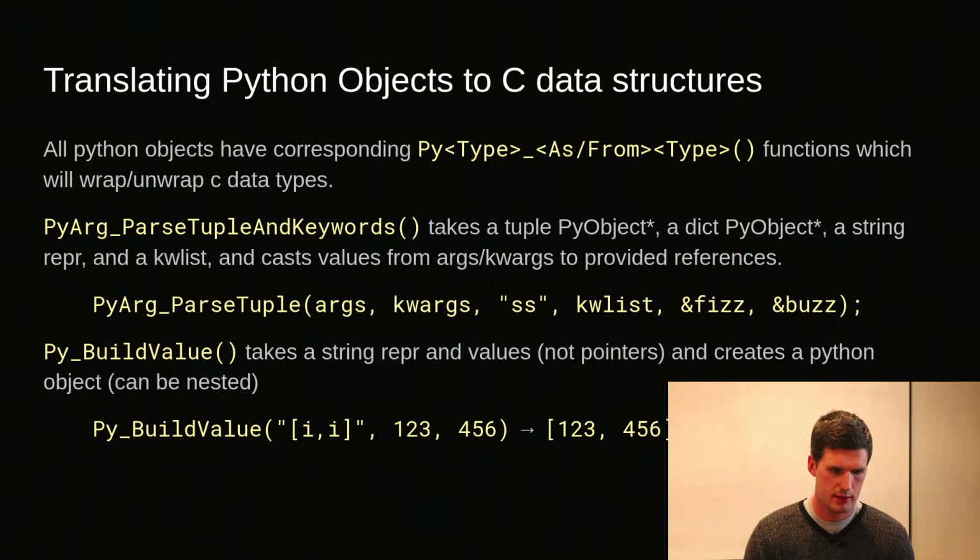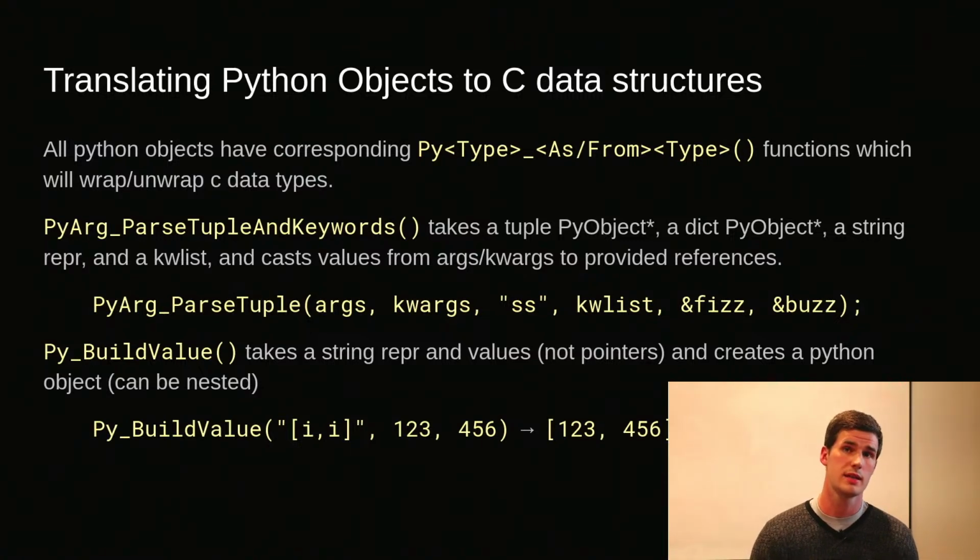Some of the things that you can also do is your functions can take arguments and keyword arguments. There's a PyArg_ParseTupleAndKeywords function that will take a tuple object, a dictionary object, a string representation, and you can just look up the string representations of how Python will expect an object to be translated into a C type. Those are available in the Python docs.